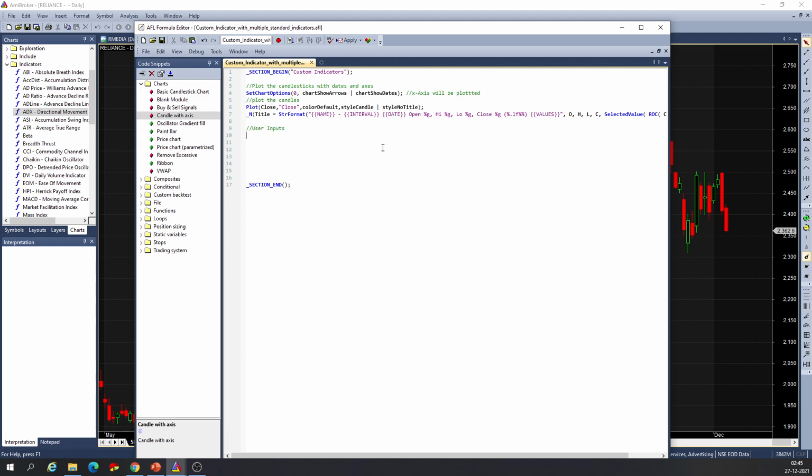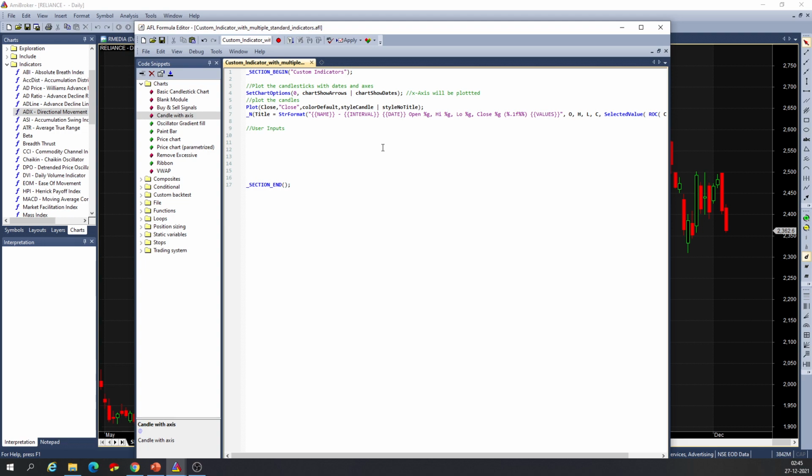So for user inputs in AmiBroker we use the param functions. So as a help, whenever you don't need to basically remember these functions. So as you get more acquainted with AmiBroker AFL, so it will be easy for you to recollect those function names.